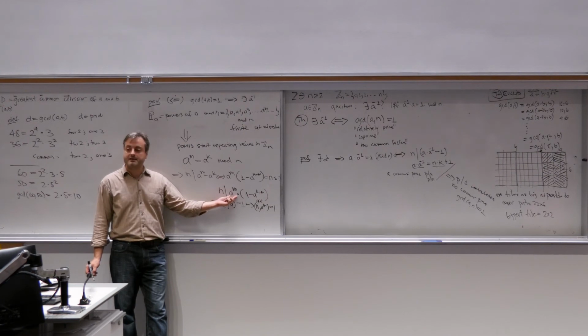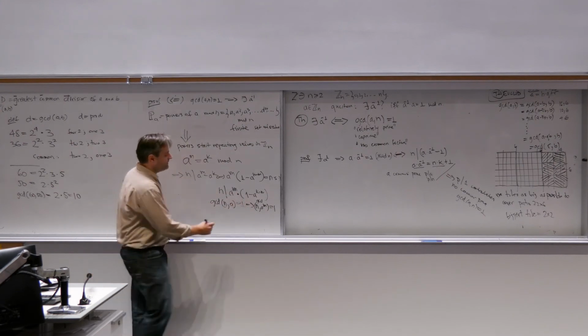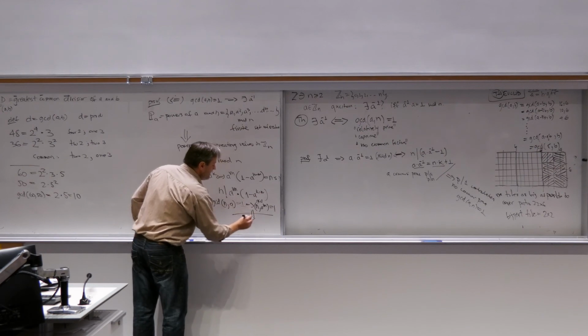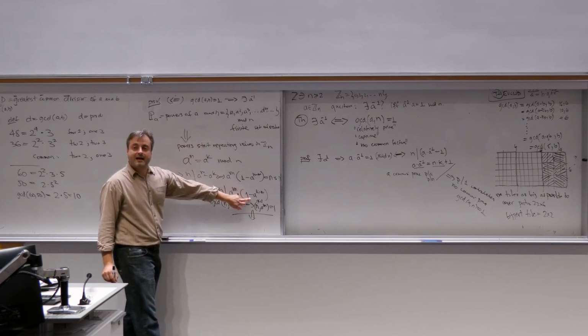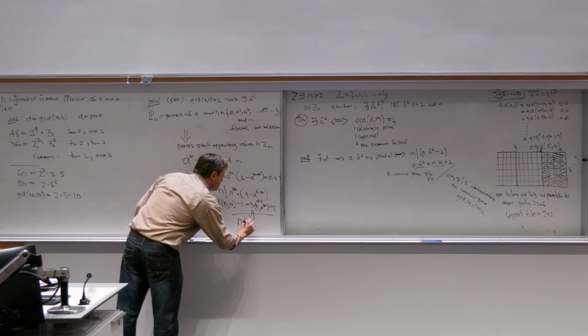All the prime factors here, where are they coming from? From a. So if n and a don't have any common primes, n and a^m have no common primes. So if there's no common primes with this factor, n has to be dividing this other factor. n has to divide a^(k-m) minus 1.